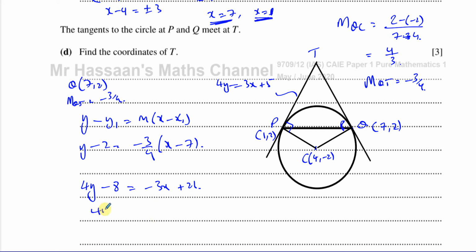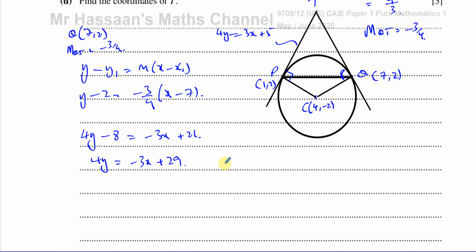So we're left with 4y equals minus 3x plus 29. That's the equation of the tangent TQ, and we have the other equation, 4y equals 3x plus 5, which is the equation of the tangent TP.